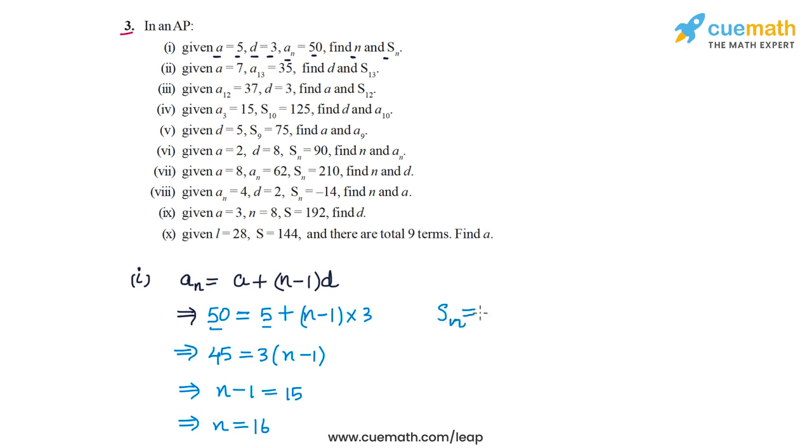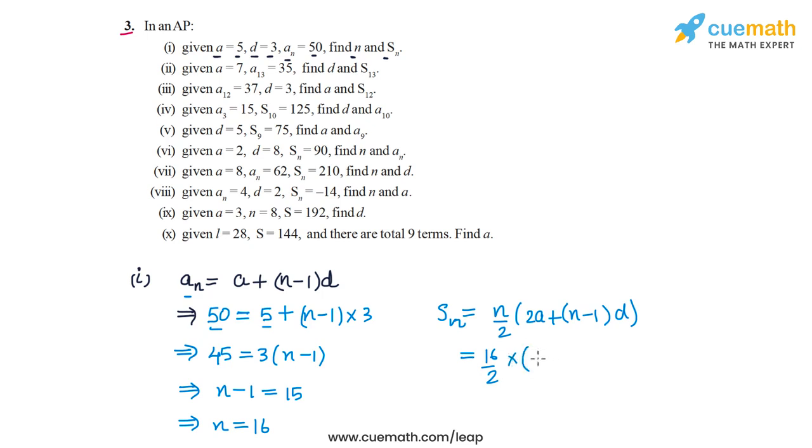So that will be equal to, we'll use the formula n by 2 times 2a plus n minus 1 times d. We could use the other formula also, which is n by 2 times a plus l, or in this case a plus the last term, an. But let's use this formula. So we will get 16 by 2 into 2a.